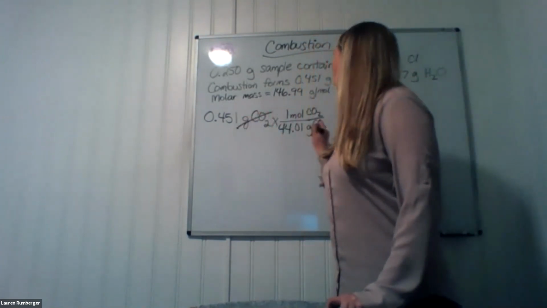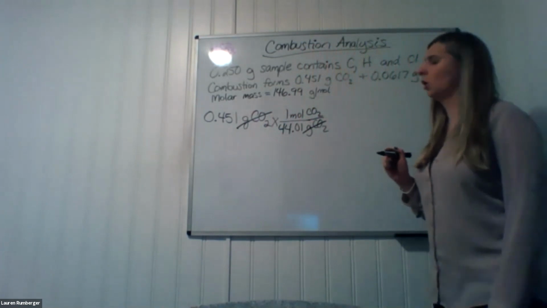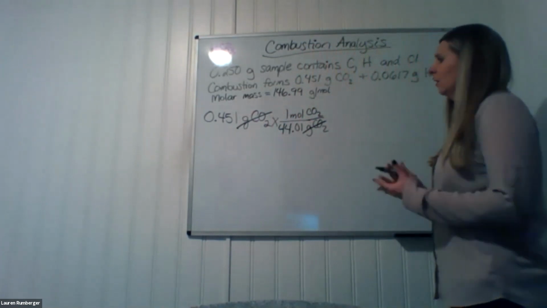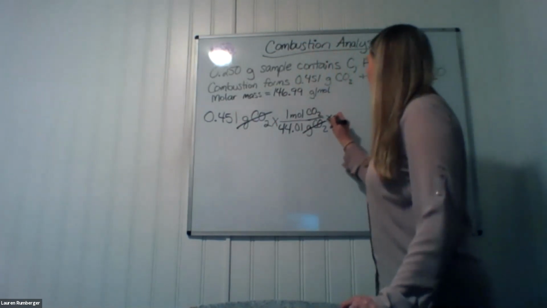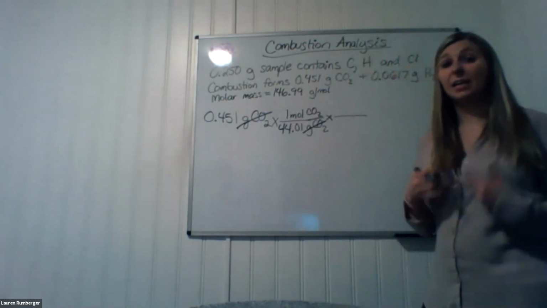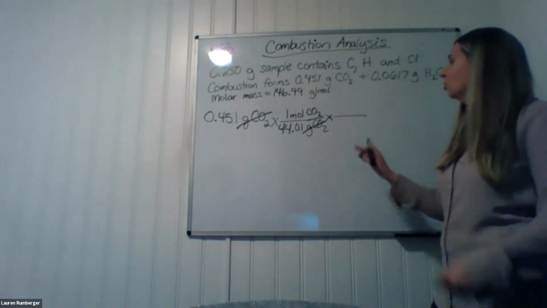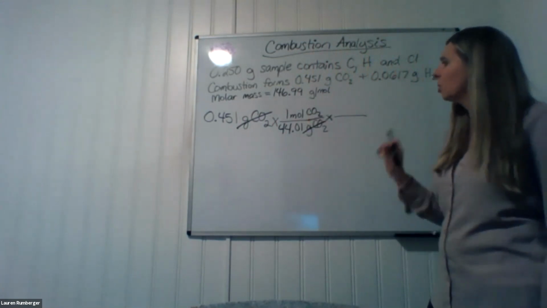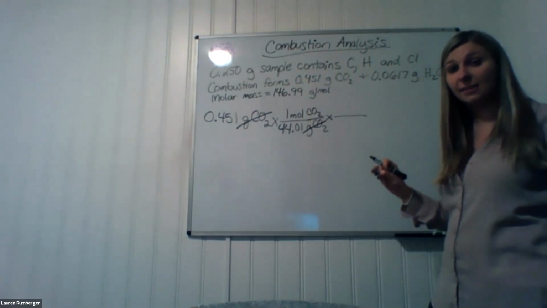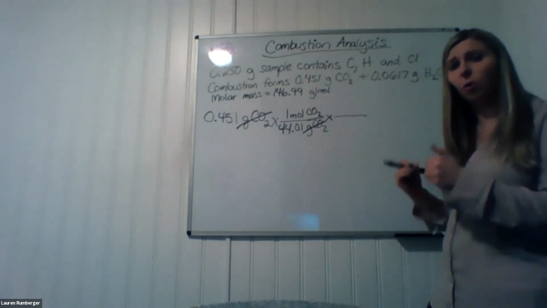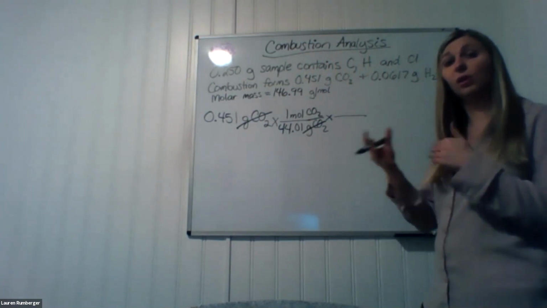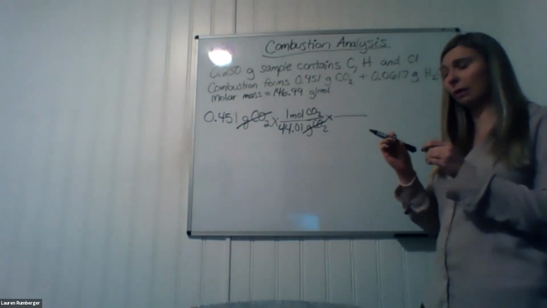Okay. Once we've determined the moles of carbon dioxide in the given amount, we can figure out how much of that amount is carbon. So how many moles of carbon is within carbon dioxide? 1 mole of carbon is in 1 mole of carbon dioxide, according to what we learned about the subscripts.